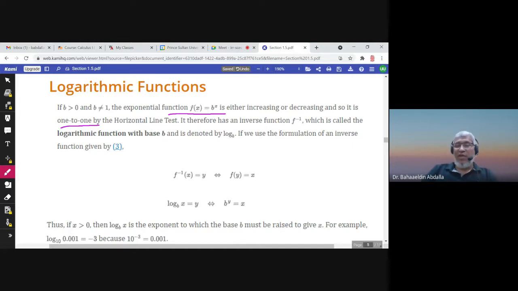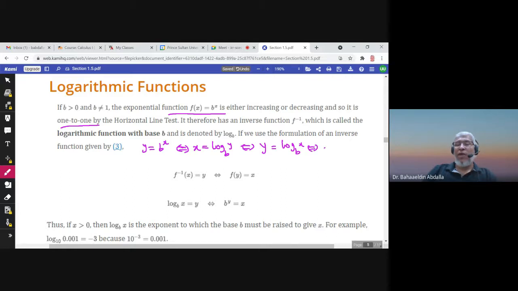To find its inverse, let us replace f of x by y. Now to solve this equation for x, we introduce the logarithmic function. So we write this as x equals log y to the base b. And then we interchange x and y.